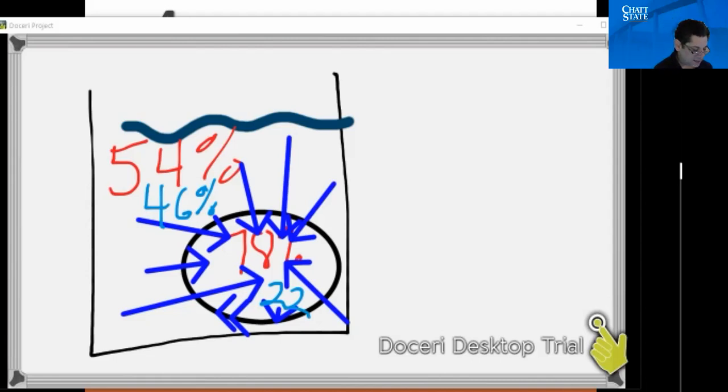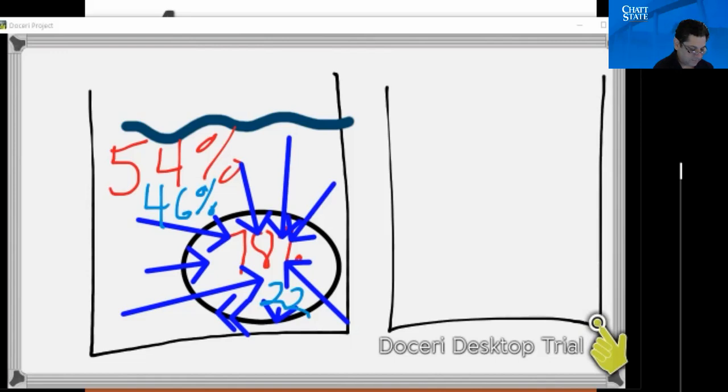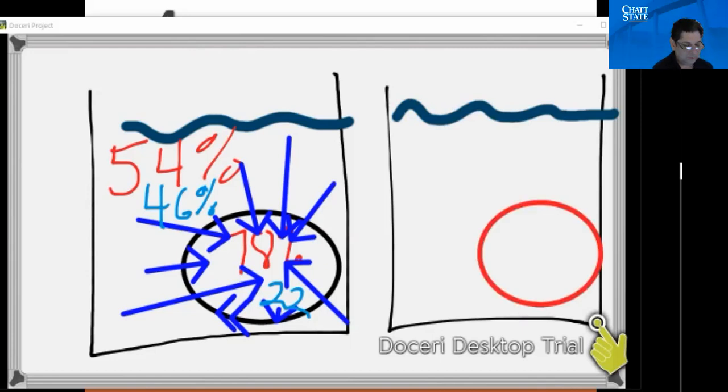So if we take that same idea and run it over here in different terms, like we love to do, right? Let's take a red blood cell now, placed in what we're going to call a hypotonic solution.